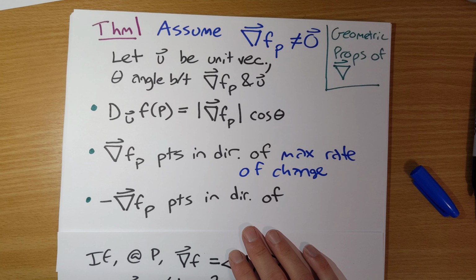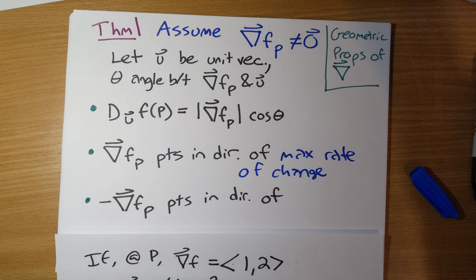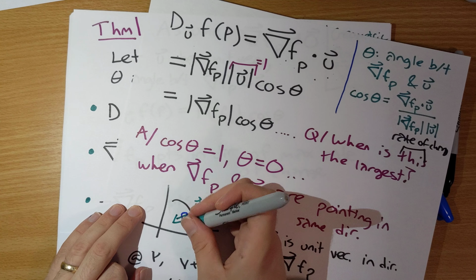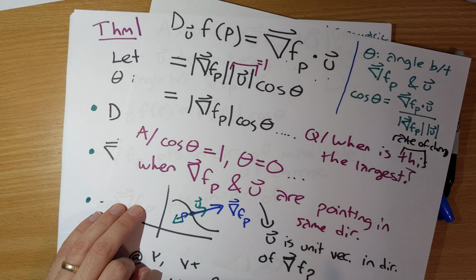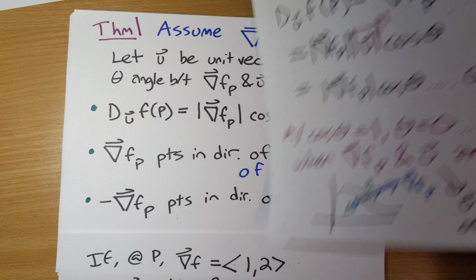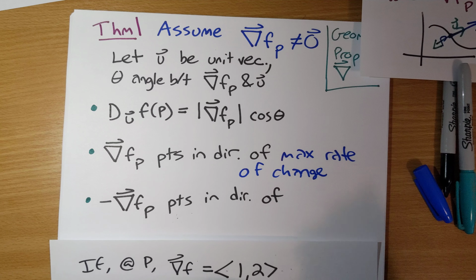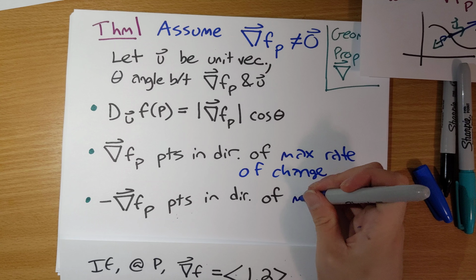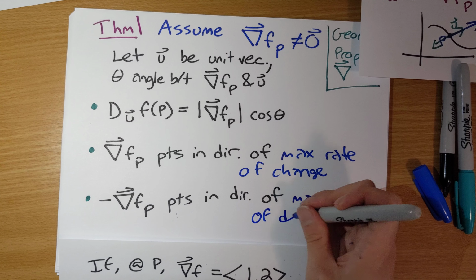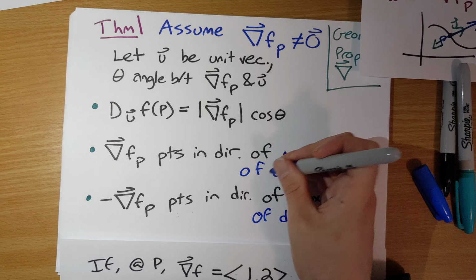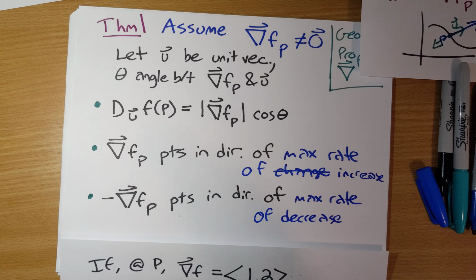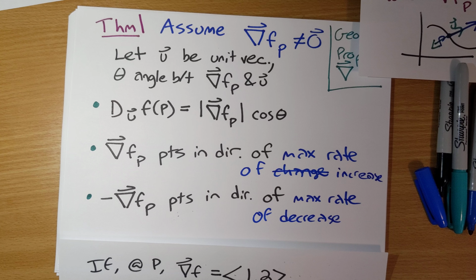Okay, what about the negative of the gradient? What happens if we go in this direction? What happens if we go in the completely opposite direction, 180 degrees flipped around from the gradient? Well, guess what? That's going to be the maximum rate of decrease. Perhaps I should say increase here to emphasize that this is positive and this is negative.